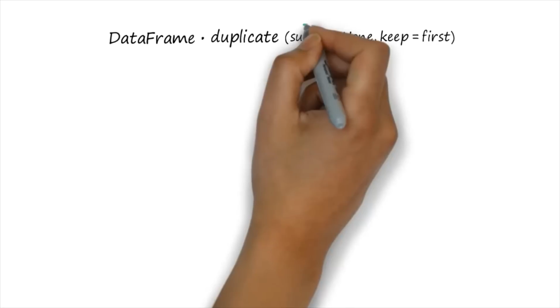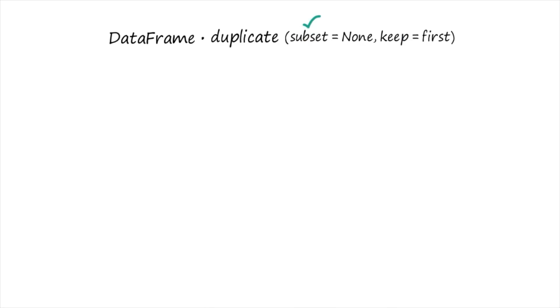Now, what will the subset argument do? It will take a column or list of column labels, and the default value of subset is None. So after processing the columns, it will consider them only for the duplicates. The intention of the subset argument is to find out if there exists any duplicate value or not. And what does keep do?